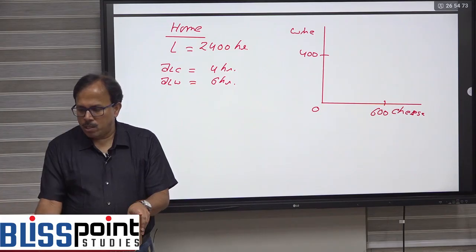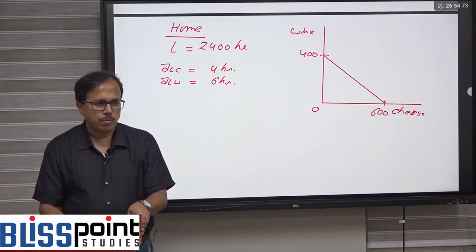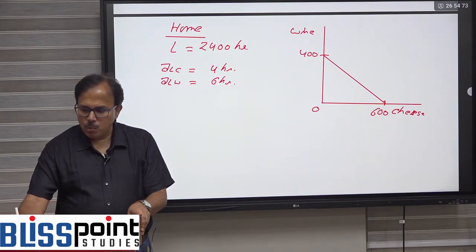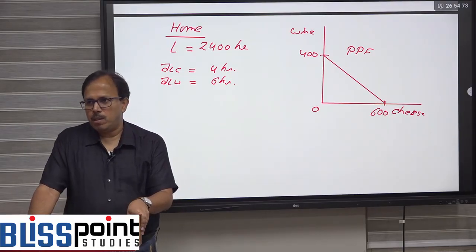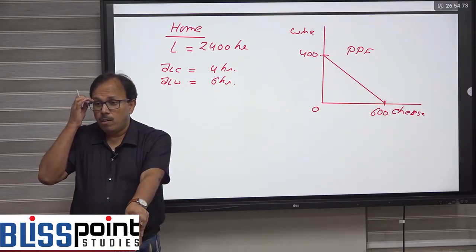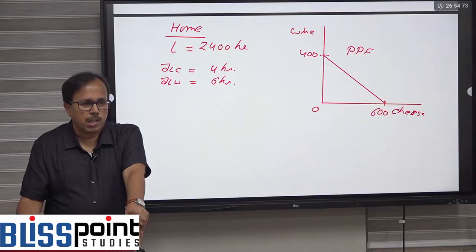So you will mark these 2 corners and then join them with a straight line. This line is the production possibility frontier or PPF, production possibility curve.